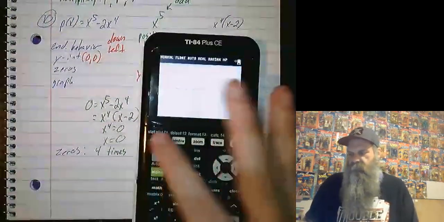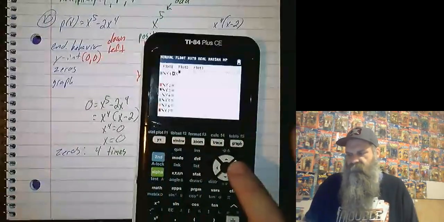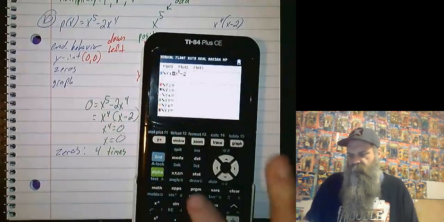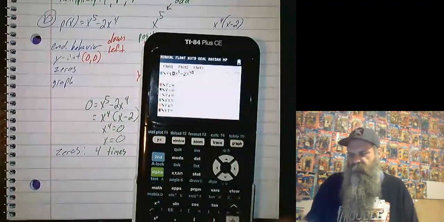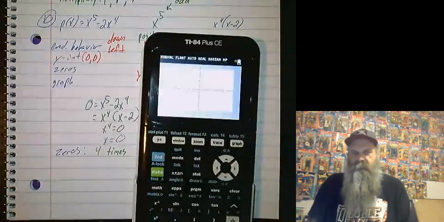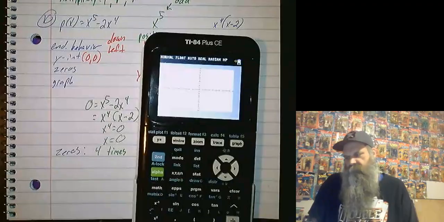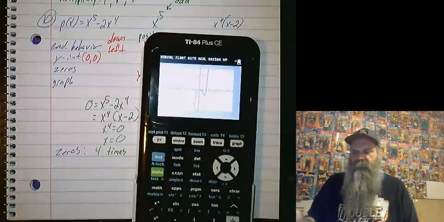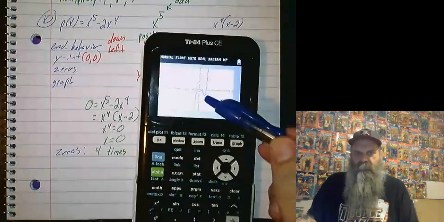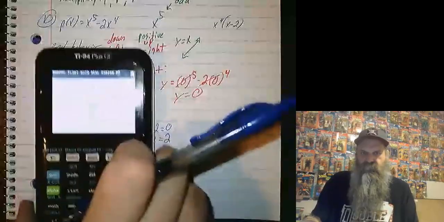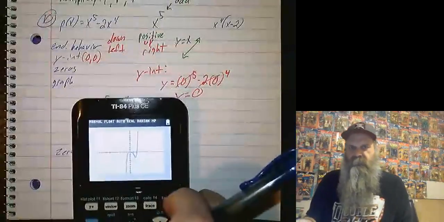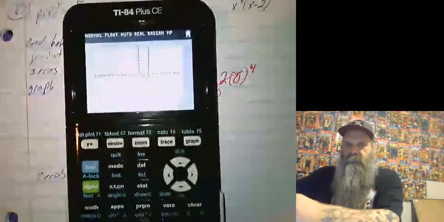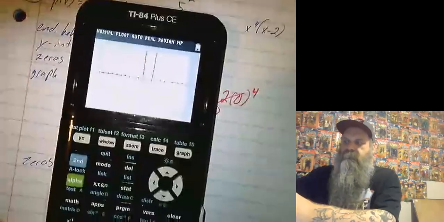So again, we can just look at the graph itself. We have x to the 5th minus 2x to the 4th. So here you're just picking the graph that looks the closest. I think sometimes it's 6 graphs you choose from. Let me try to zoom in. Maybe turn off this light.